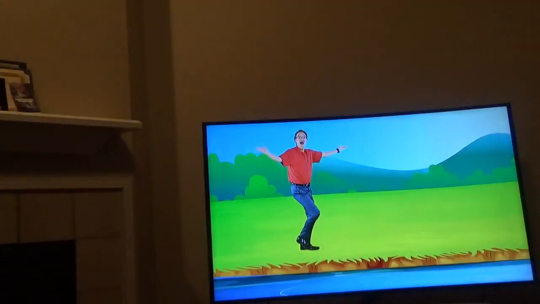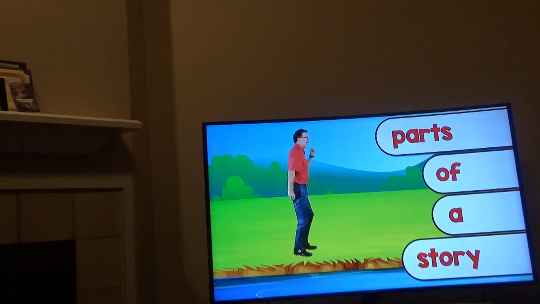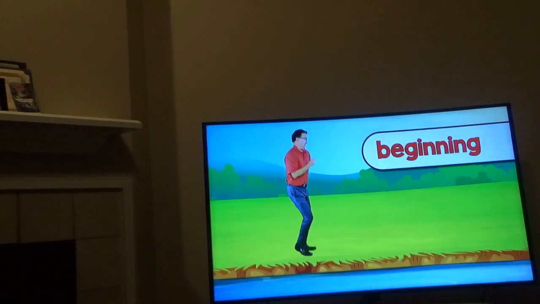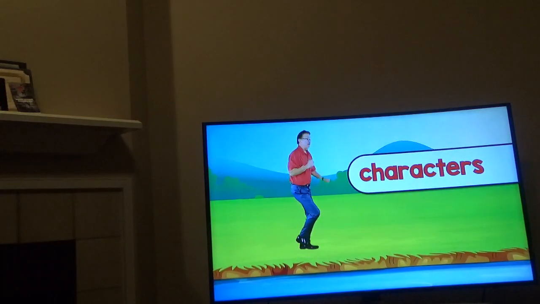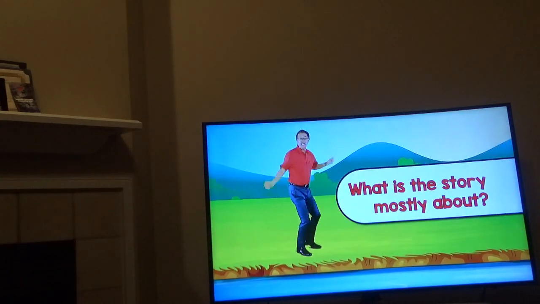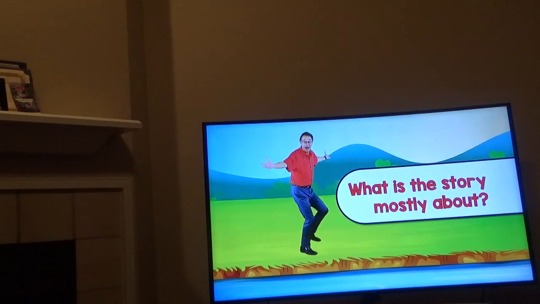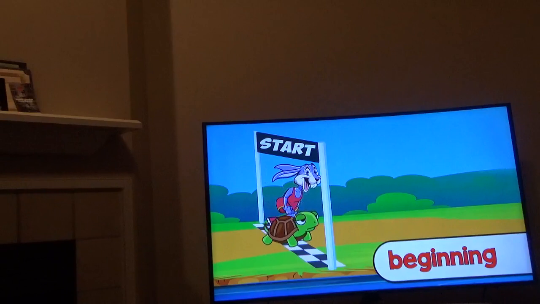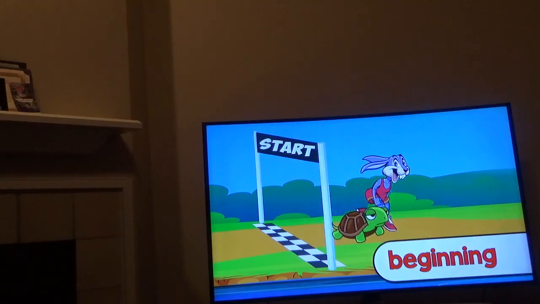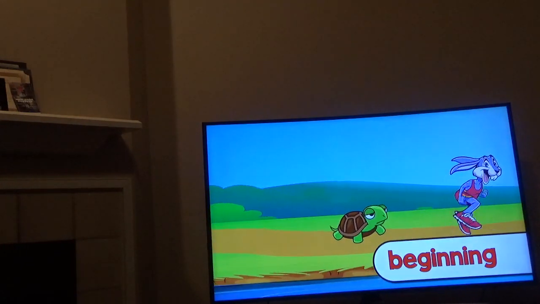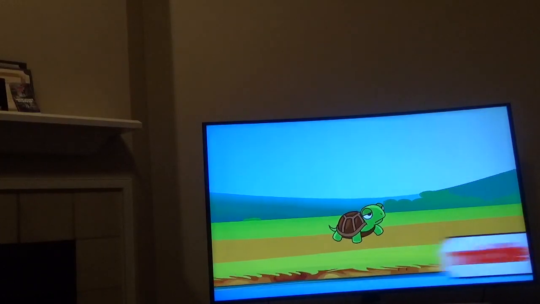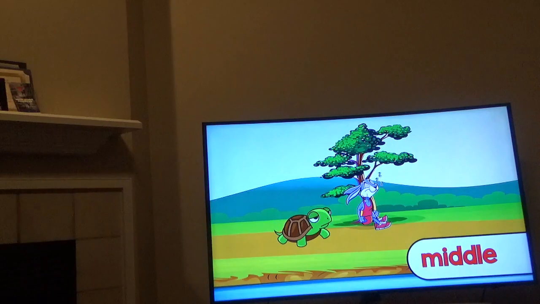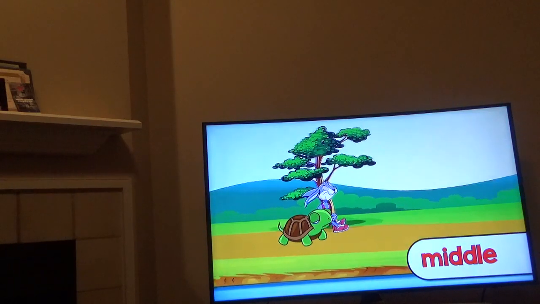Let's sing about the parts of the story. Keep them on your mind as you read and write. Beginning, middle, end, characters and setting, and what is the story mostly about? The beginning is when the story starts. The middle is what happens next.